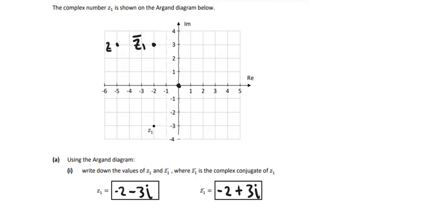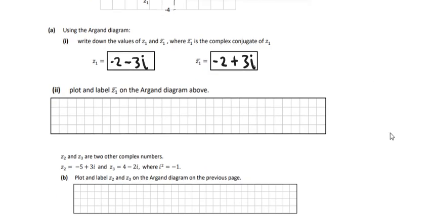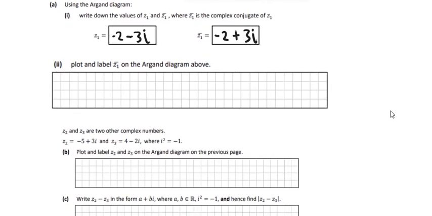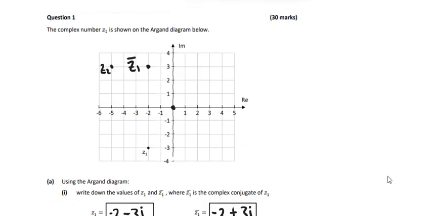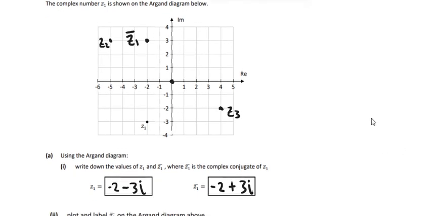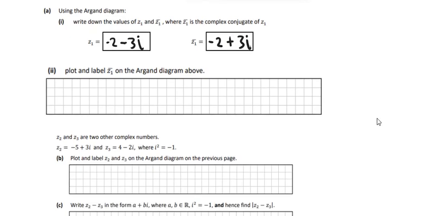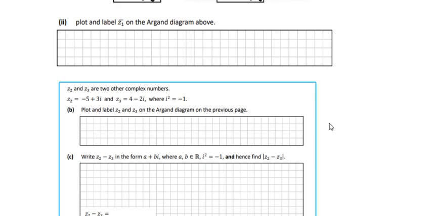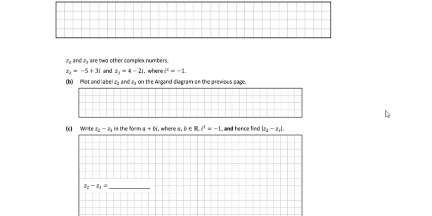That will be Z2, up there. And Z3 is 4 minus 2i, so we go across to 4 and then down to -2i. That'll be over here, so that'll be Z3. That's all you have to do for part B.